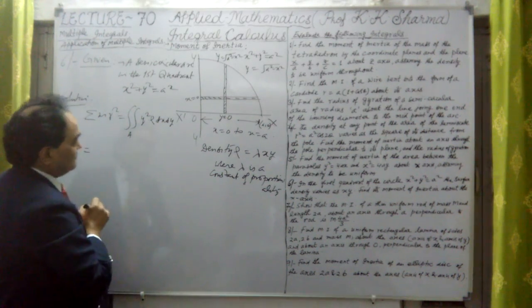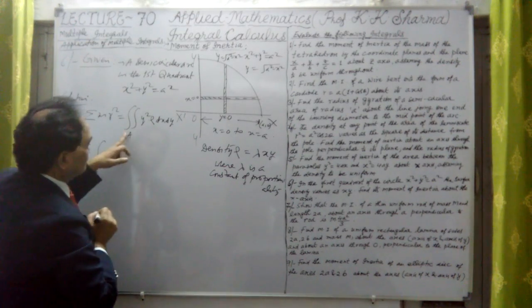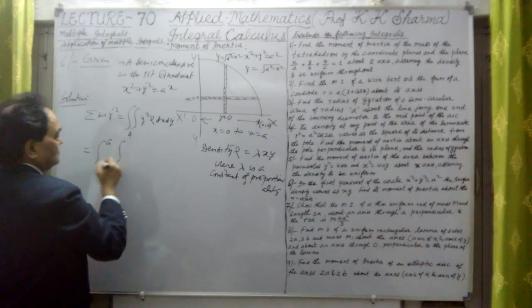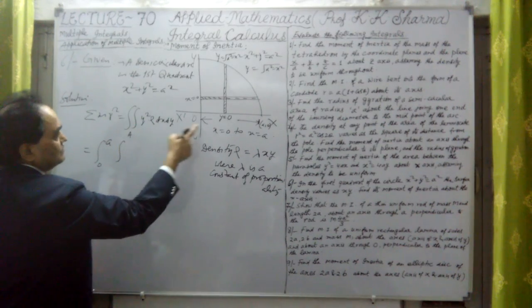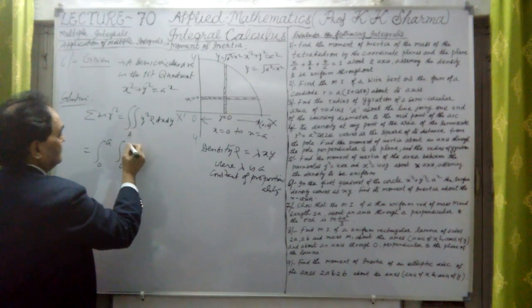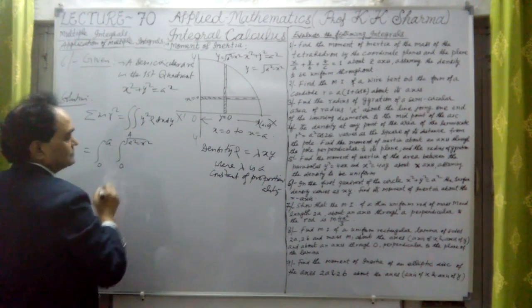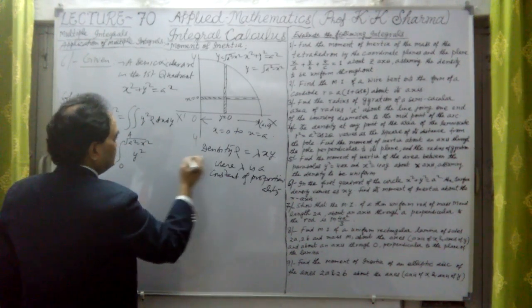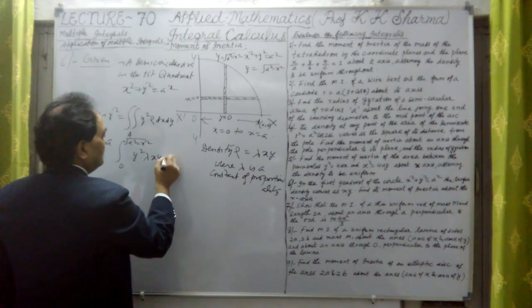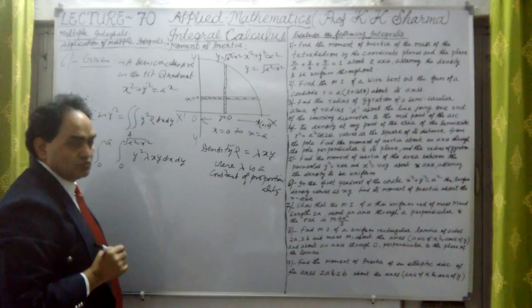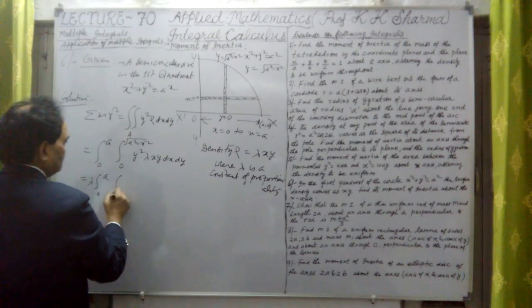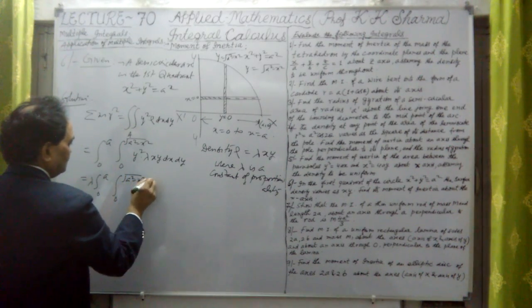Now we have to write the limits. For the x coordinate, x is 0 to a. The second limit is y, from 0 to under root a square minus x square, of y square.